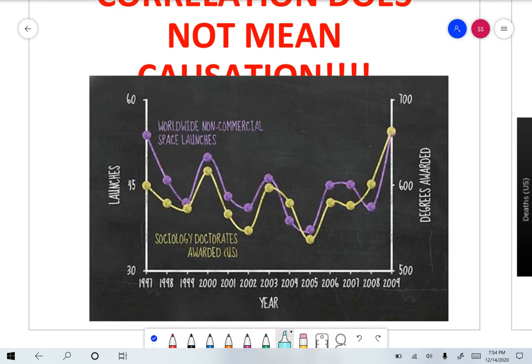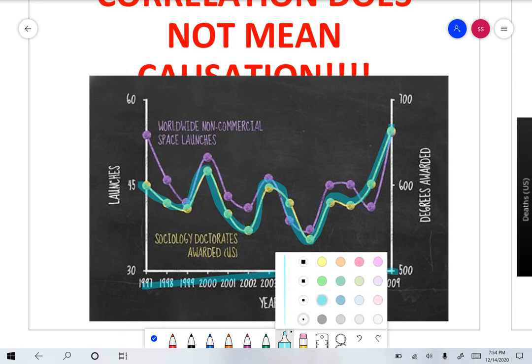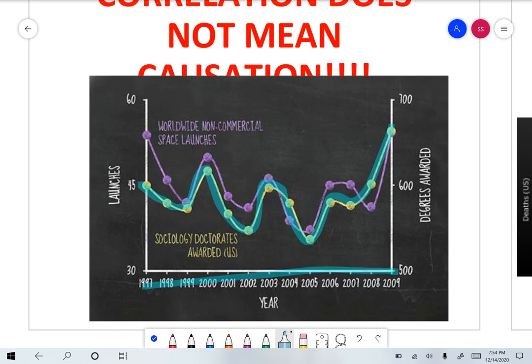And I know I'm getting all nerdy again, but we're looking at the years, and we're looking at sociology doctorates awarded, so how many people get a doctorate in sociology, versus worldwide non-commercial space launches.